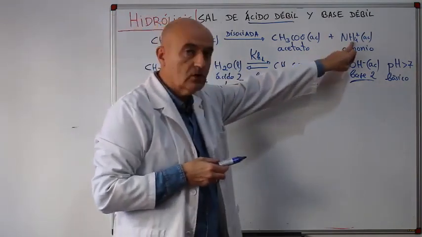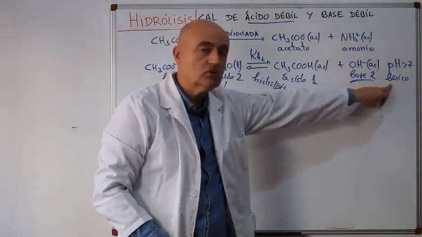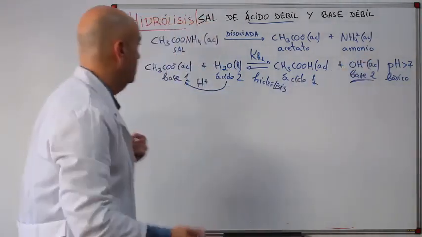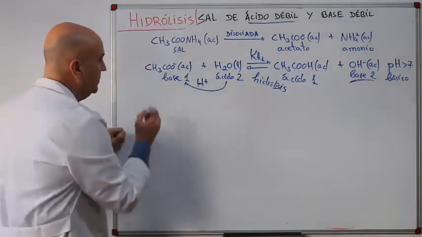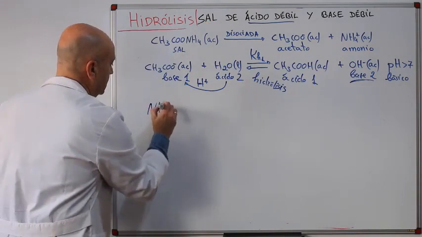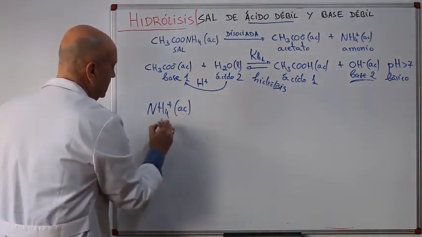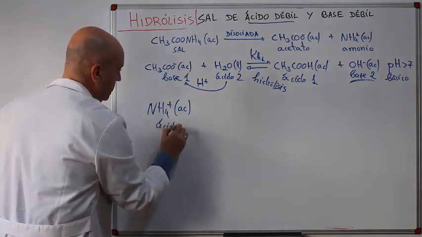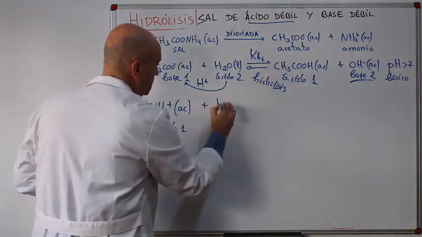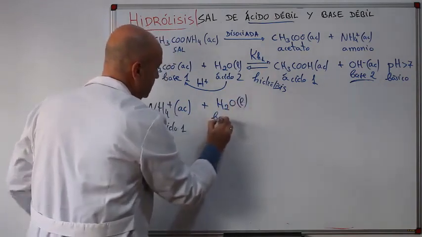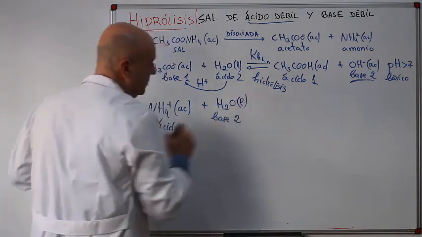If the ammonium didn't react with water, it would be clear to me: a basic pH. But in this case, the ammonium will react with water. We write the second hydrolysis reaction, the ammonium ion in aqueous solution. This would be the acid, let's call it acid 1. We put liquid water, which would be the base, let's call it base number 2.